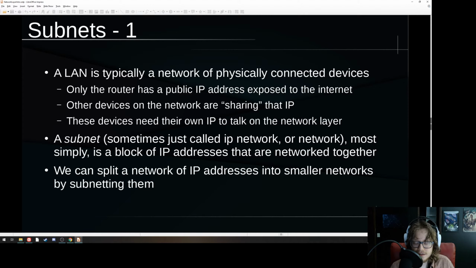So these devices need their own IP in order to talk to each other and to the router on the network layer, because since they're all sharing the public one, they can't just all be that same address. And this is likened to when you have, say, an apartment building. Everybody shares the same street address, and then you all have different units that you can use if you want to send each other messages or if somebody needs to refer to a specific residence in that apartment.